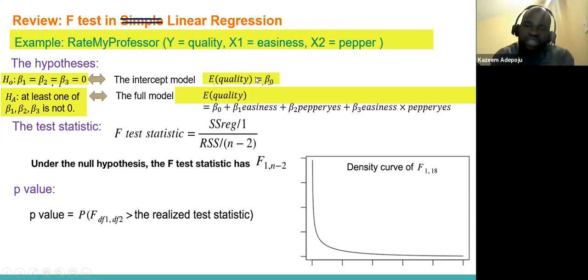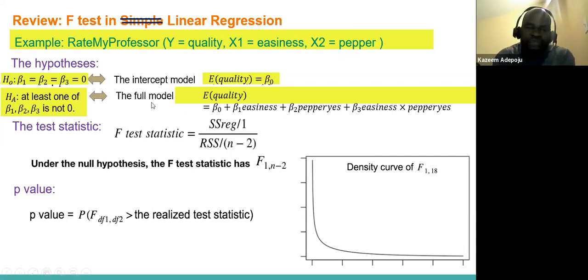The intercept model here implies that the average quality of a professor is constant, meaning it doesn't depend on easiness, pepper, and their interaction.